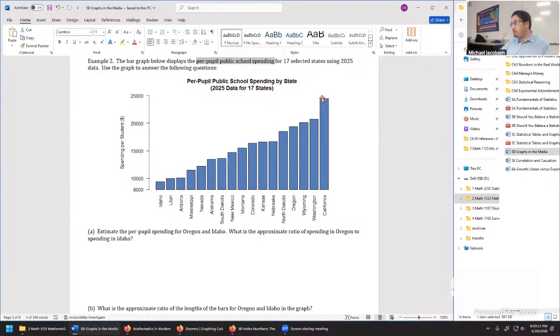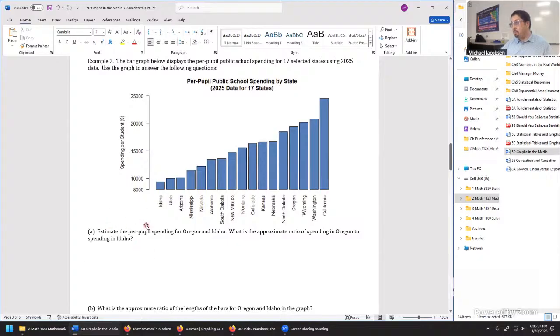But no matter what states we put in here, even if it's all 50 states, the interesting thing is we happen to be in Idaho, which is dead last in the per pupil public school spending, which is kind of an interesting side fact. Well, we mentioned that this graph is kind of deceptive in a certain way. We're going to explore that, but still answer some interesting questions about it.